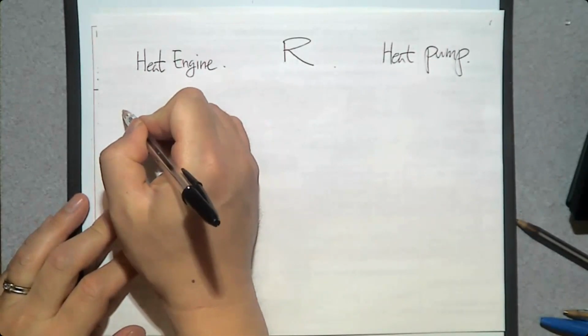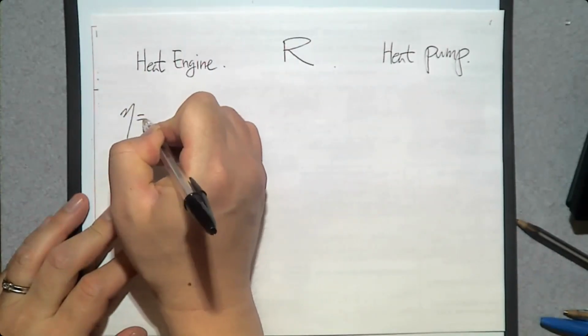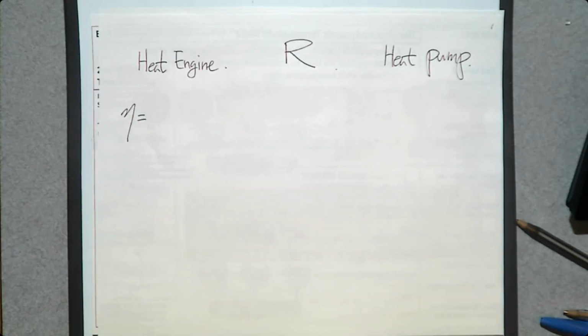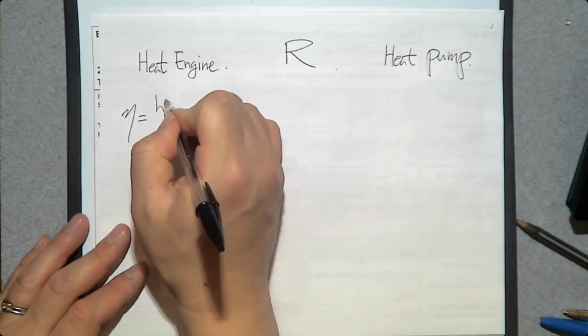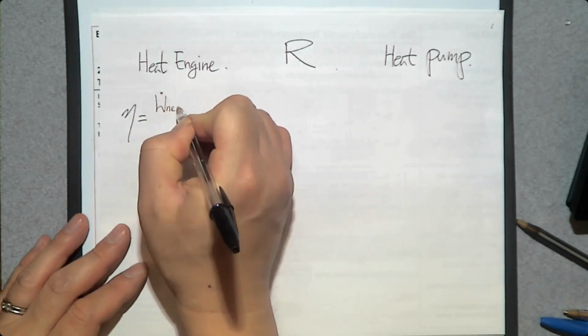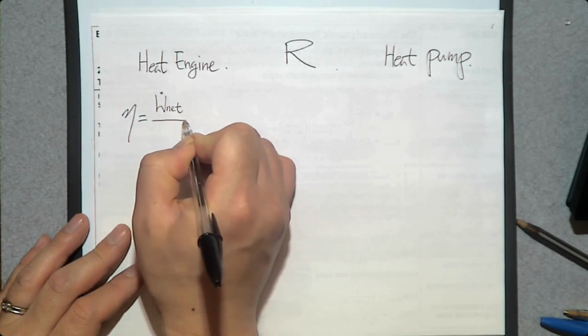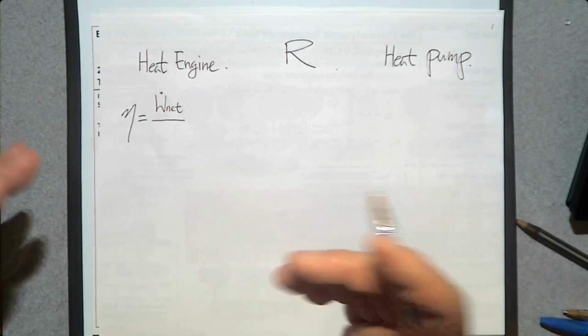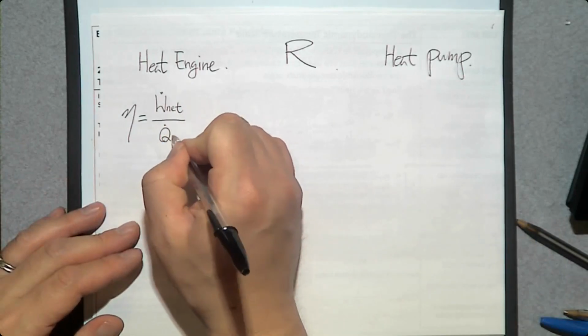For the heat engine, we used efficiency. The efficiency can be determined by the desired output. What is the desired output? We want to produce power, W dot net. And what is the required input? The heat that we need to provide, Q dot H.